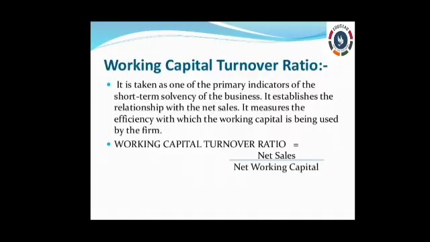And then the working capital turnover ratio formula: net sales divided by net working capital. How will you find this working capital? Working capital equals current asset minus current liabilities. So working capital shows how much the company utilized its working capital in an effective way. It measures the efficiency with which the working capital is being used.